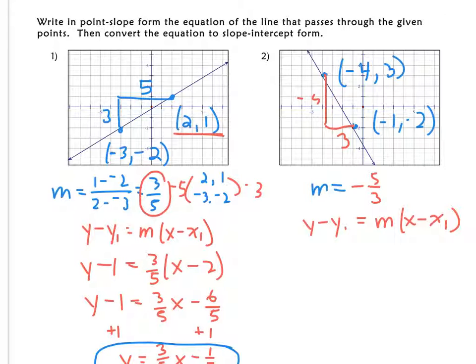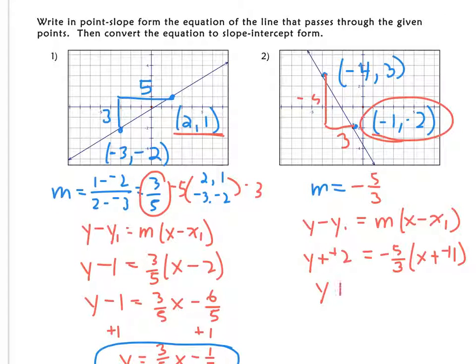If I plug in the point (-1, -2), that's y minus -2, which becomes y plus 2, remember it's y minus the y value, equal to -5/3, and then x minus -1, which becomes x plus 1. I distribute, I get y plus 2 equals negative 5/3 x minus 5/3.